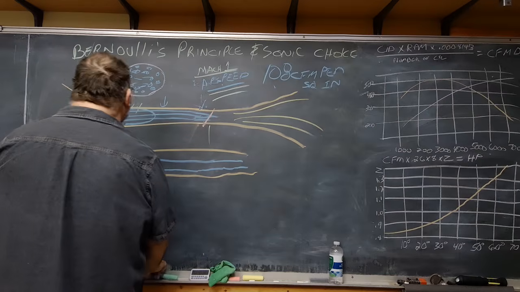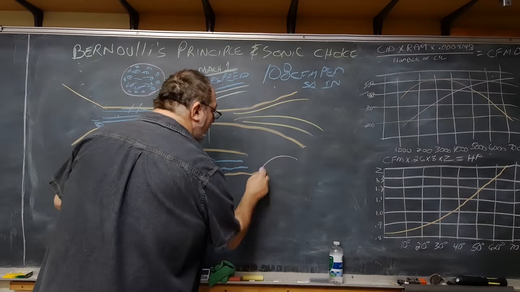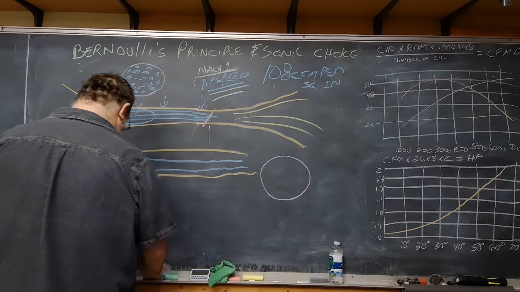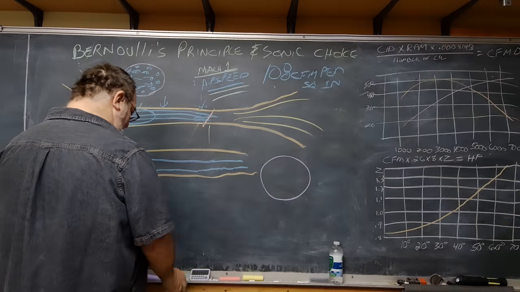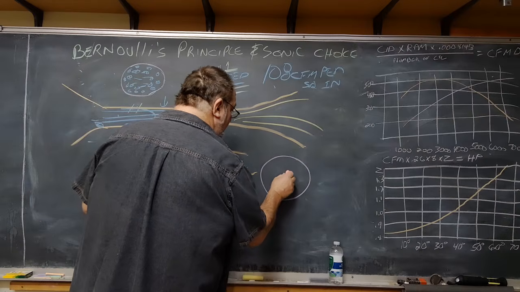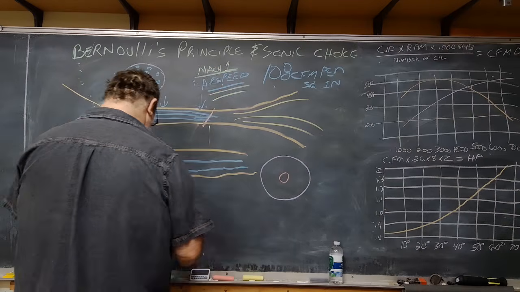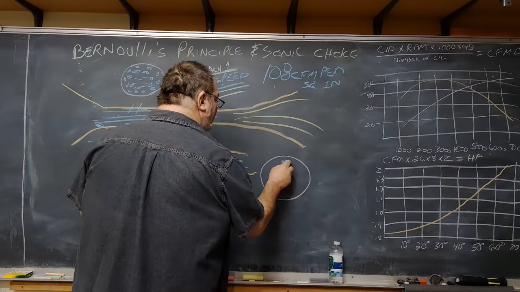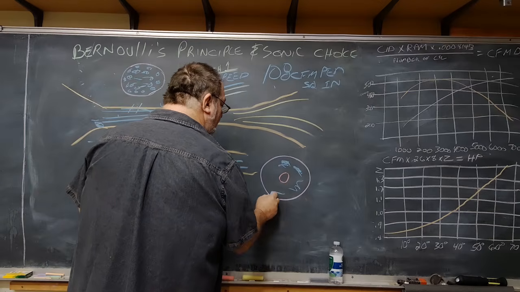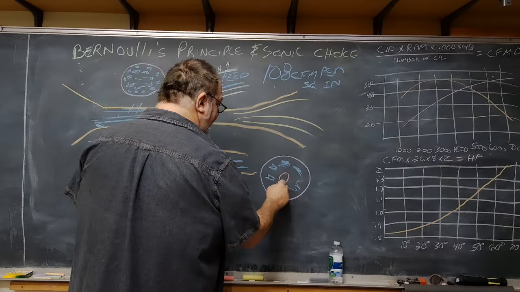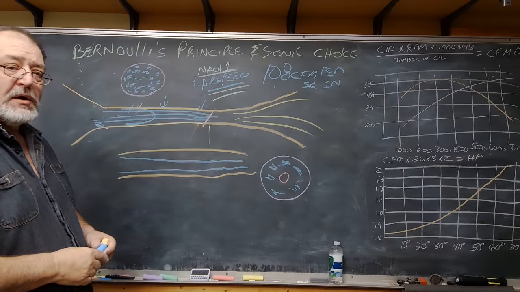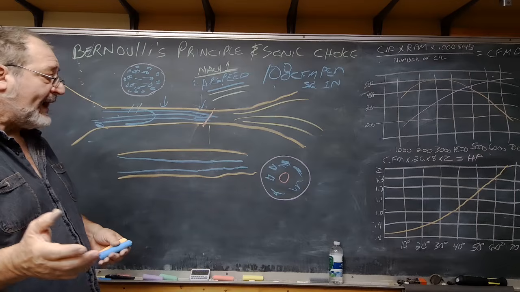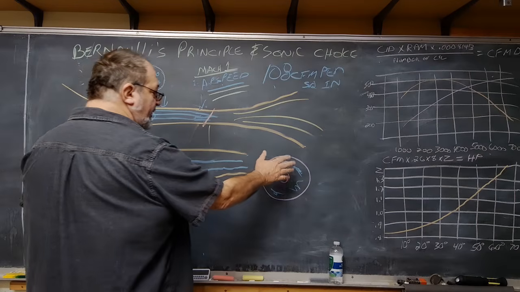So if we're talking about, again, our round port, well, that area can get very small, to the point where basically the boundary layer takes it off and closes off its ability to flow, because the airspeed is high and the friction is so much.